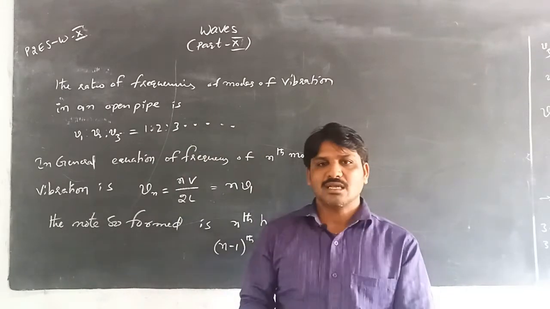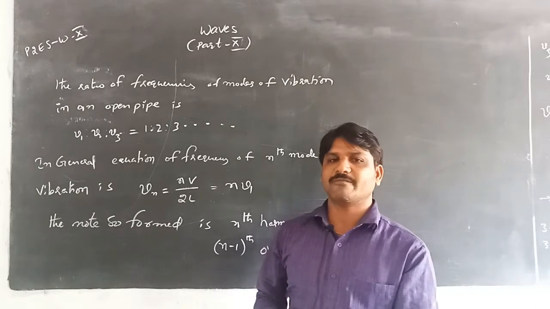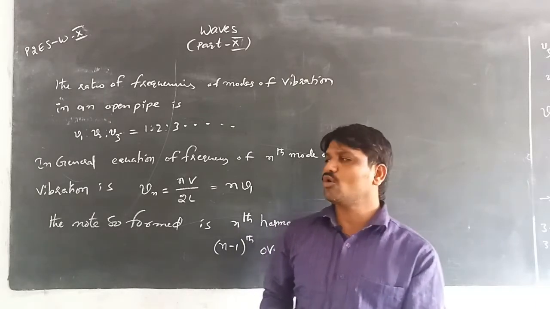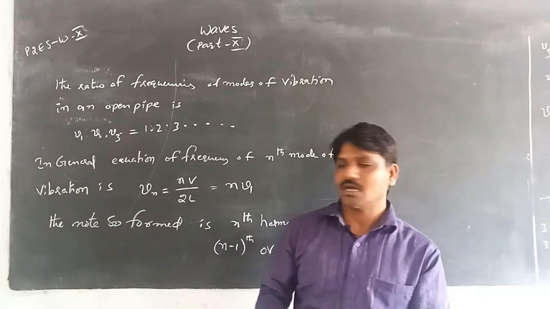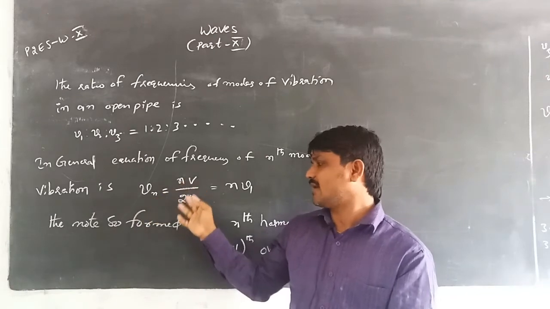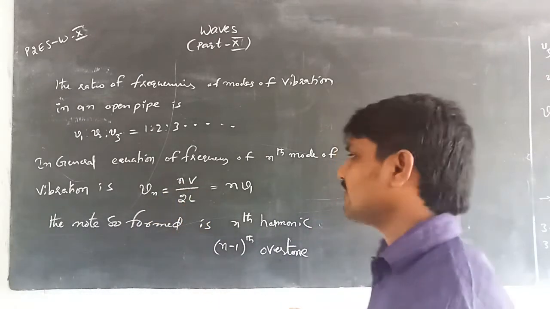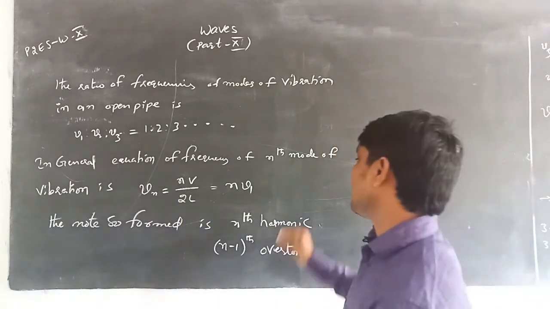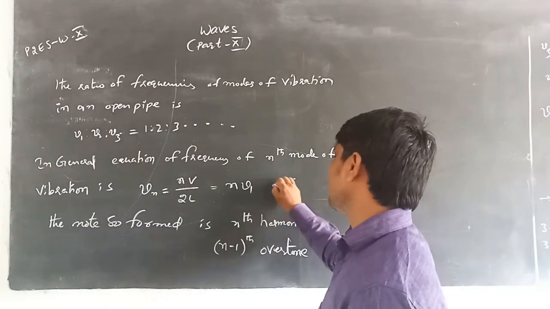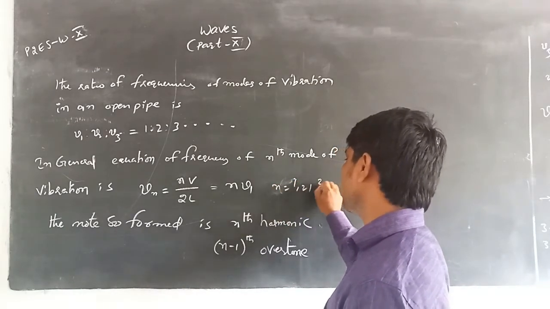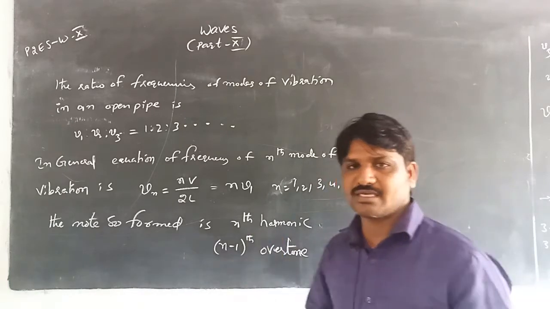In general, the frequency for the nth mode of vibration is nu n equal to nV by 2L, where n is equal to 1, 2, 3, 4, and so on.